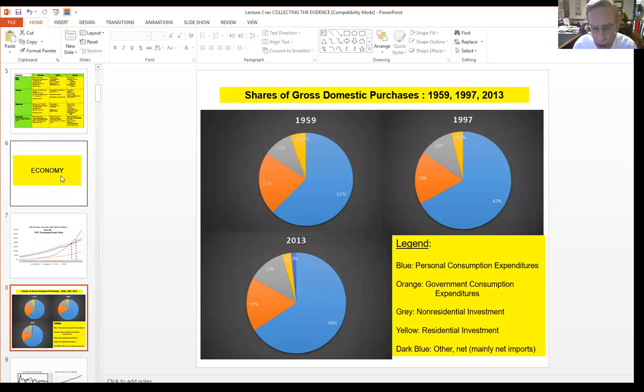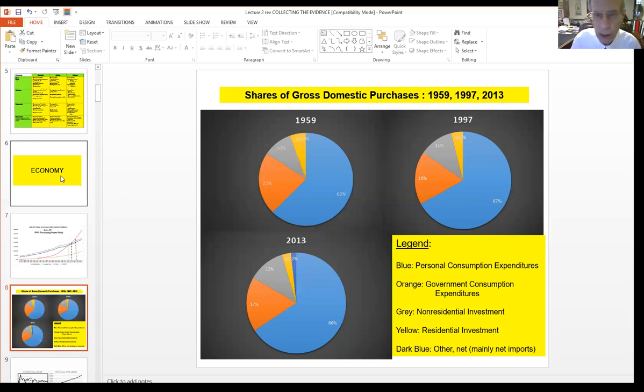Now, looking at the US market, which is what we'll do here for a while, you can see these pie charts telling us a little bit about how the US economy is structured and some of the recent changes. Way back in 1959, just before the 1960s started, the consumer sector represented 62% of the US gross domestic product when we're talking about purchases.